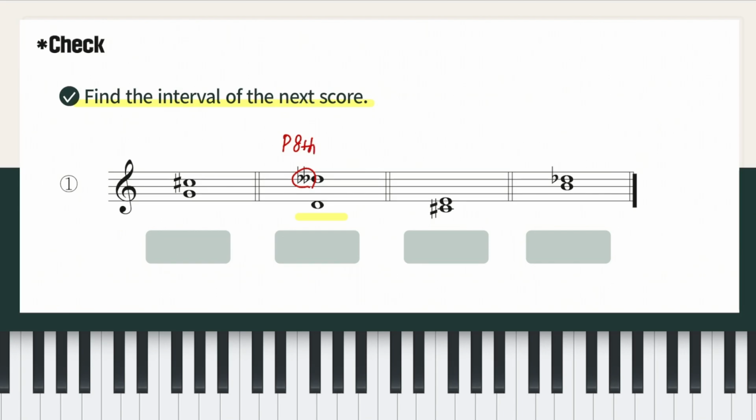But there are 2 flats on the Re. So it reduced 2 times from perfect eighth: diminished eighth, doubly diminished eighth. So the answer is... it can be tricky, so I recommend you look at table A in the book.